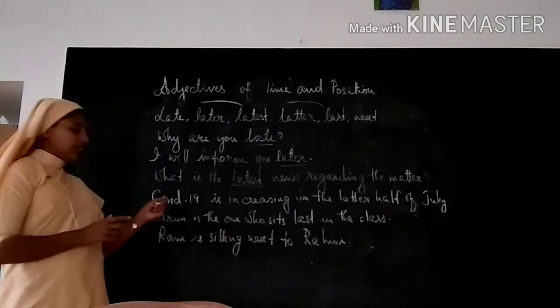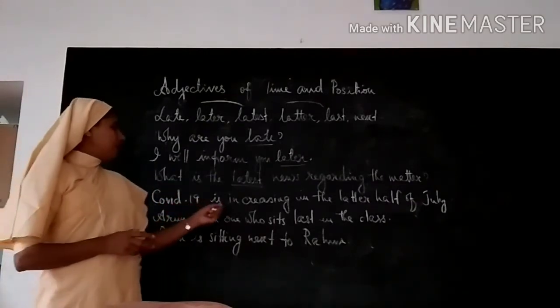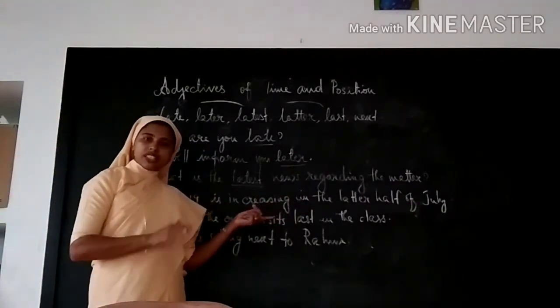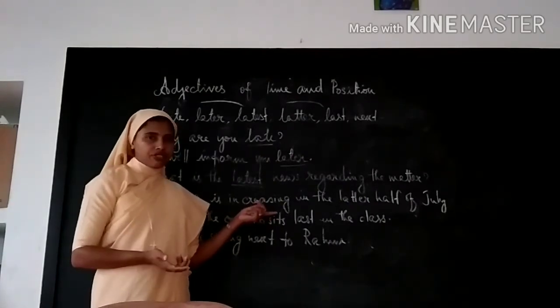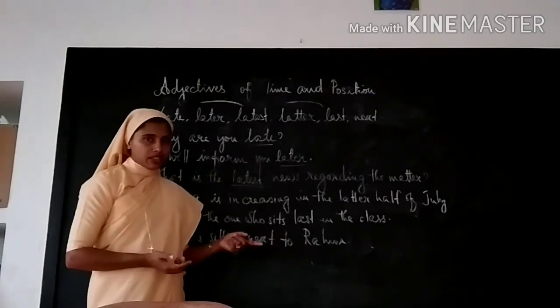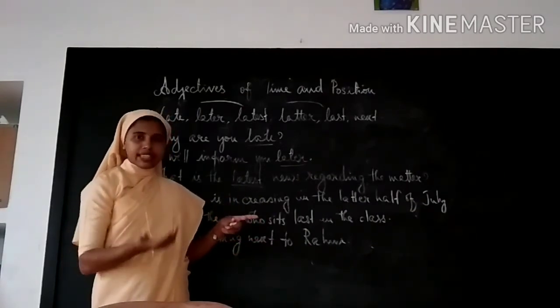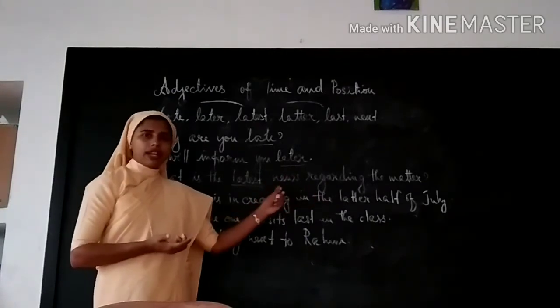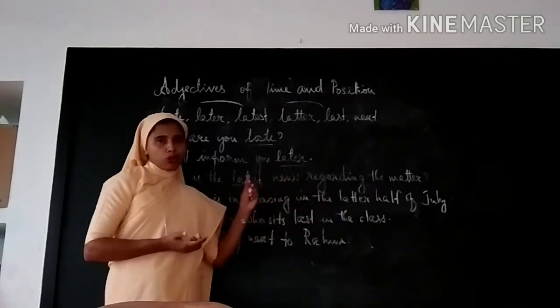One example is given here. COVID-19 is increasing in the latter half of July. There is a first half as well as a second half. The second half is told in terms of latter. It will be used to mention the second part. So because of former and latter, it indicates position.